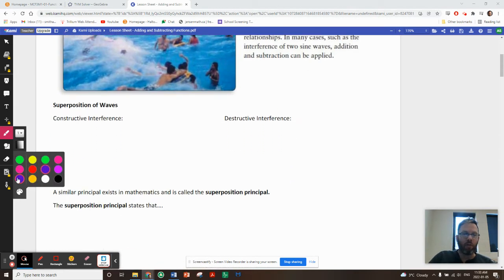Just as a little visual, if you've taken physics in grade 11, you look at waves, and you might be familiar with the superposition of waves. If you haven't taken physics, it's okay. You're going to be just fine.